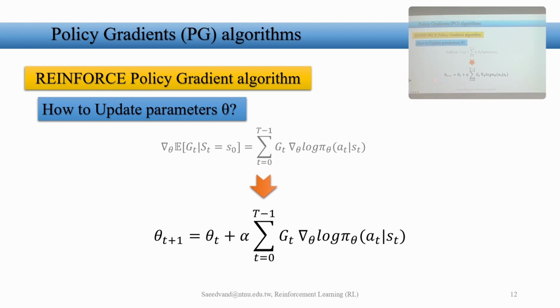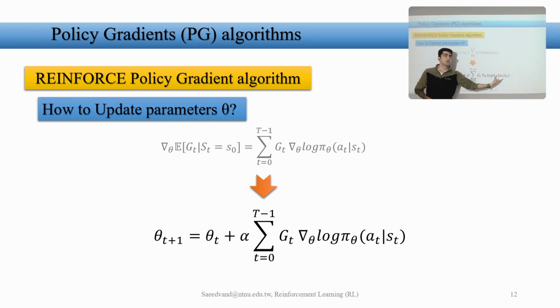The update of the weights of the network, theta t plus 1, is equal to the current weights of the network plus the learning rate times the sum of the discounted reward times the gradient of the logarithm of the probabilities that is coming from the network.